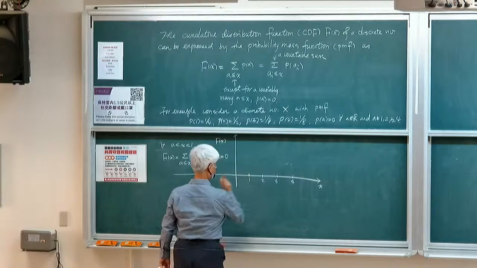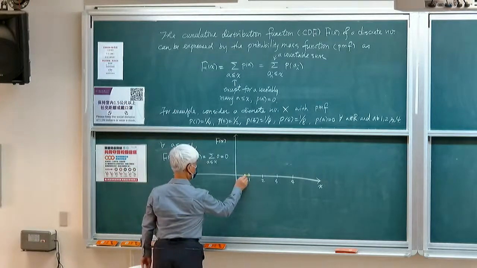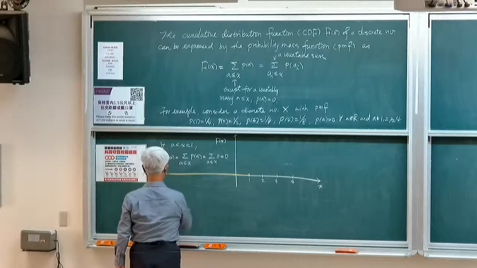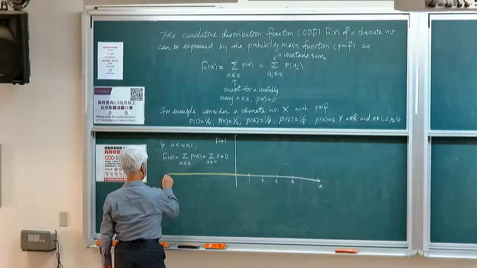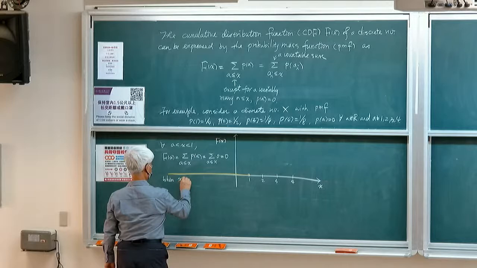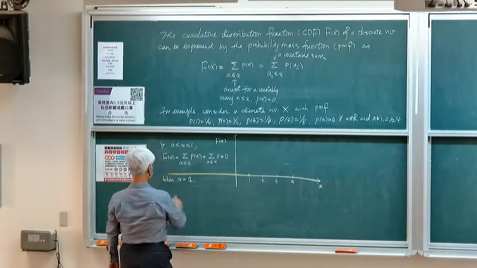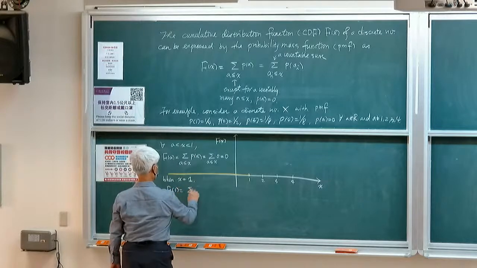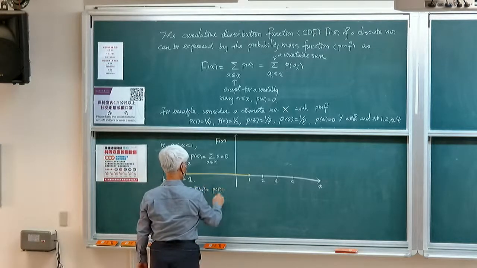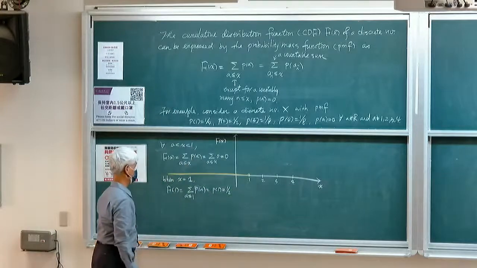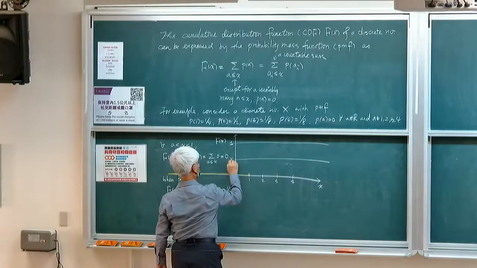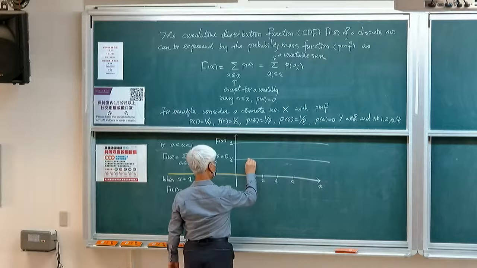Before x equals 1, F(x) is all 0 here. And when x equals 1, F(1) is the summation over a equal to 1 of P(a), which is P(1), and this is 1/4. So we have a point here.